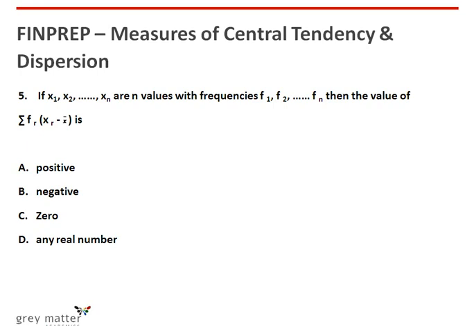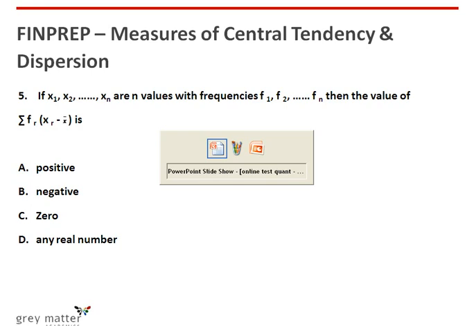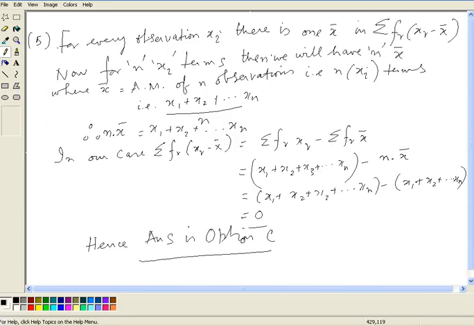Fifth question: if x1, x2, etc., xn are n values with frequencies f1, f2, etc., up to fn, then the value of sigma fr into xr minus x bar is. Go back to our worksheet. For every observation xi, there is one x bar in sigma fr into xr minus x bar.